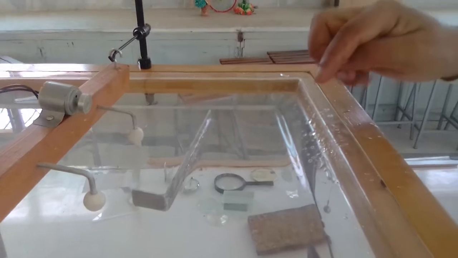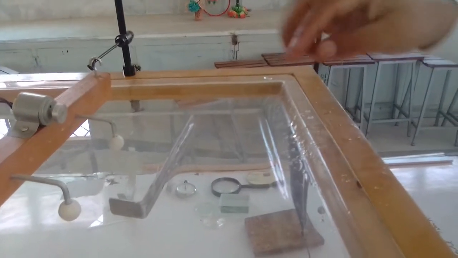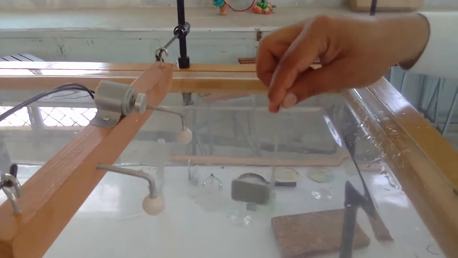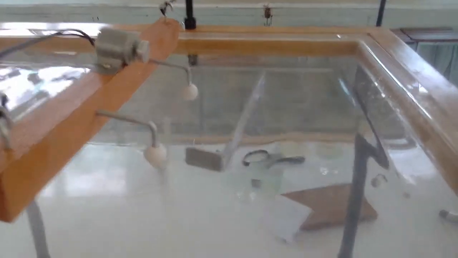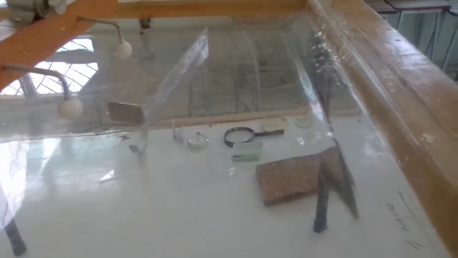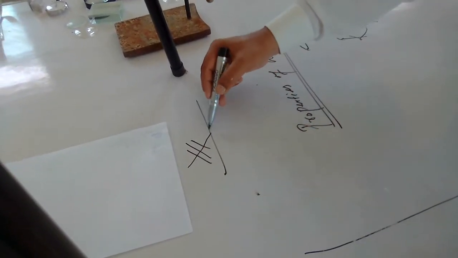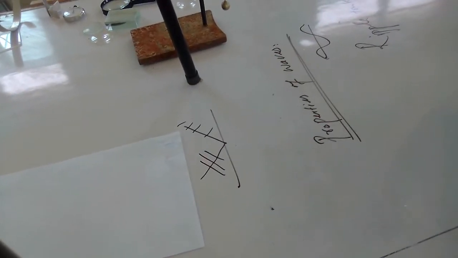In a ripple tank, reflection can be demonstrated by placing an upright surface in water, as shown in the figure. These are called incident waves, and these are called reflected waves.